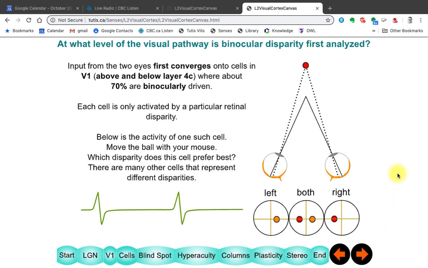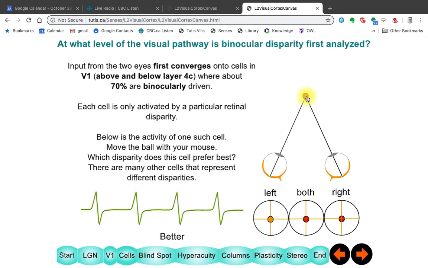And so what you have is lots of cells, millions, each tuned to a different disparity. So let's suppose this is one of them. This is one of those simple cells. And we're trying to figure out what it likes. So here's the disparity for looking here and the ball being farther away. As we move closer, the firing rate doesn't change. As we move closer still, the firing rate goes up.